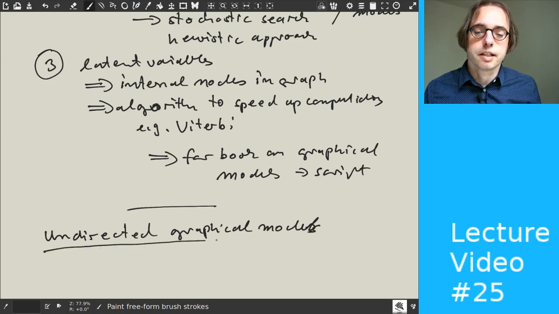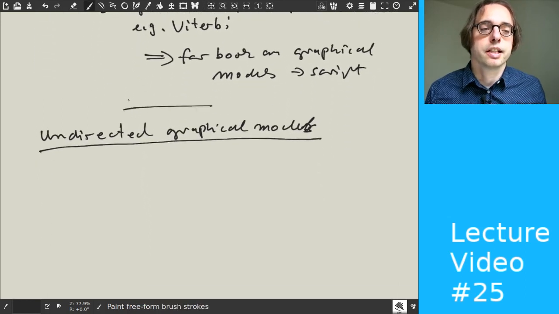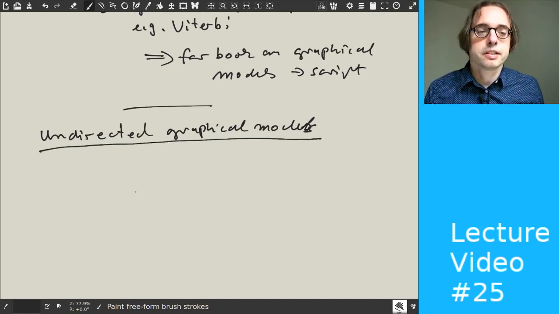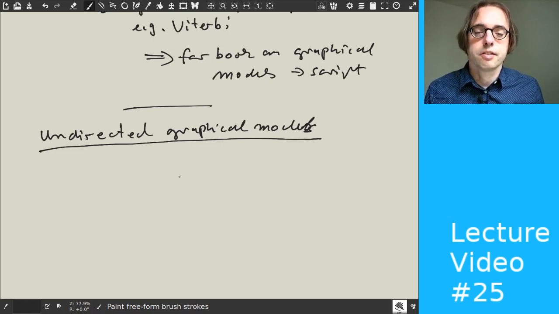In directed graphical models, it was clear what the edge means, namely that you condition and define a relationship between a parent node and a child node. For undirected graphical models, we need to think about different definitions of what the edges actually mean, and a common use is to define the presence of an edge when there is a conditional dependence, and the absence of an edge when there is conditional independence.